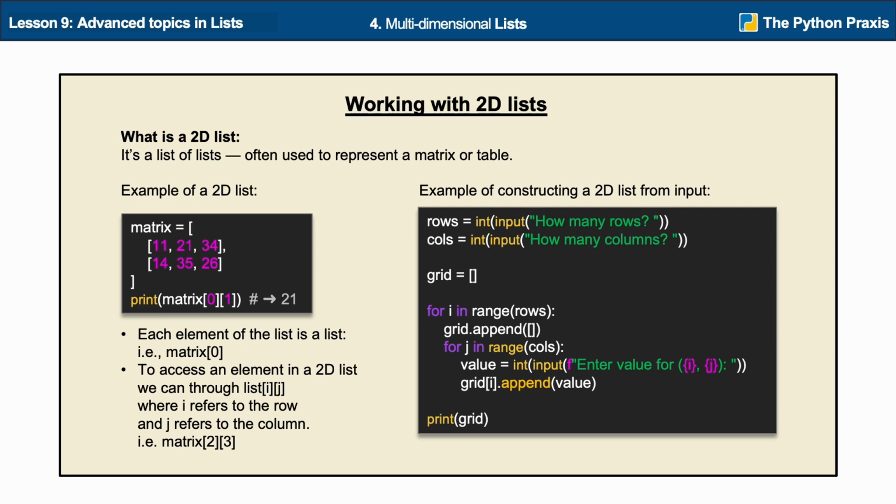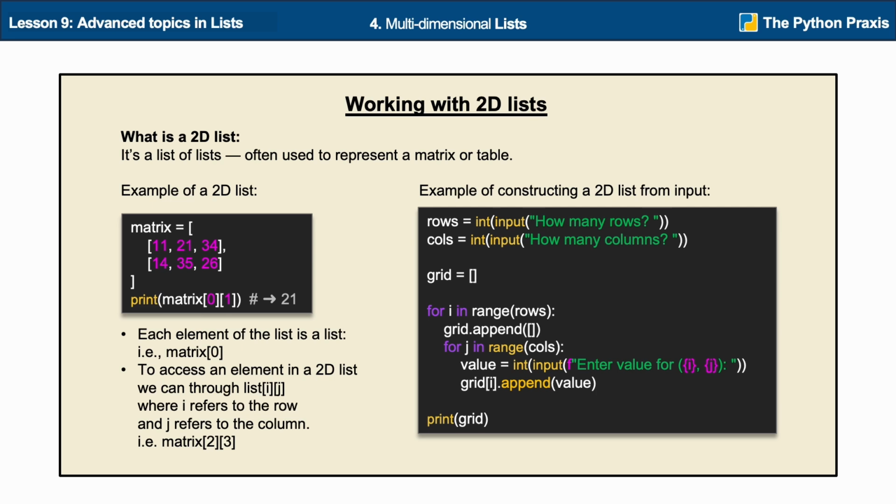The next line starts an inner loop that runs once for each column index j within the current row with index i. Using range function with cols variable as argument produces a sequence of numbers from 0 to cols minus 1. Line 7 prompts the user to enter a value for the cell at row i, column j. The f-string format shows coordinates to make it clear which position you're filling.